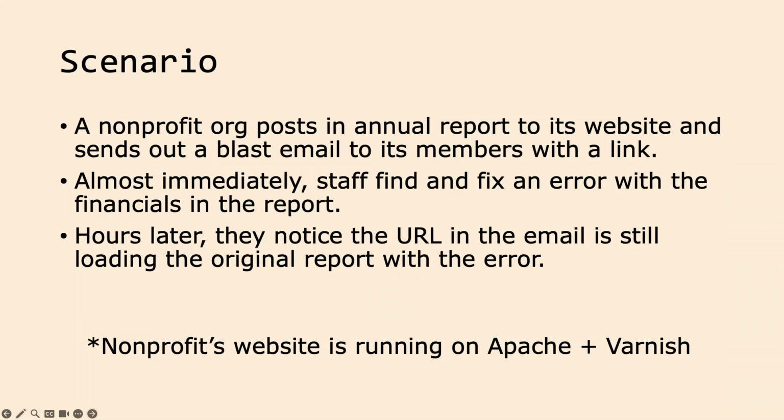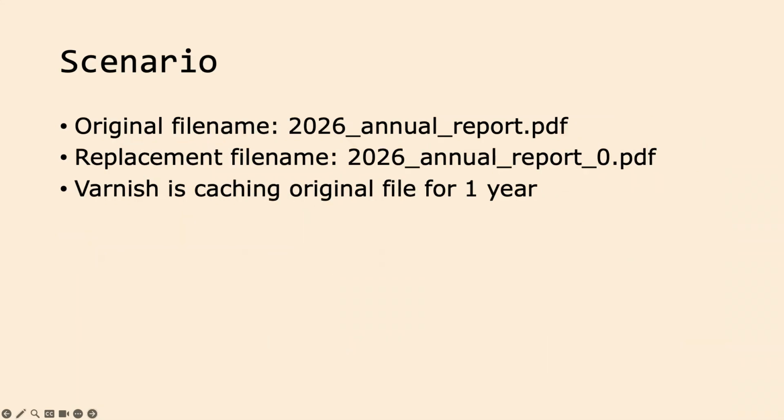One is that we're running on Apache. The second piece is that we have Varnish sitting out in front of our Apache web server. This is a fairly common configuration for a Drupal website. So there were two things that happened here if you're just using a stock Drupal install. The first one is that they didn't actually replace the file. And I see lots of knowing nods. That's like, oh, _0.